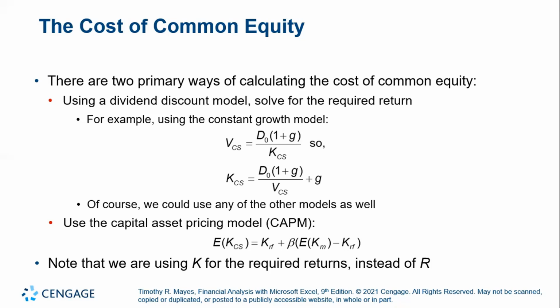The cost of common equity. There are 2 primary ways of calculating the cost of common equity. Using a dividend discount model, solving for the required return, for example, using the constant growth model, though of course we can use any of the other models as well.